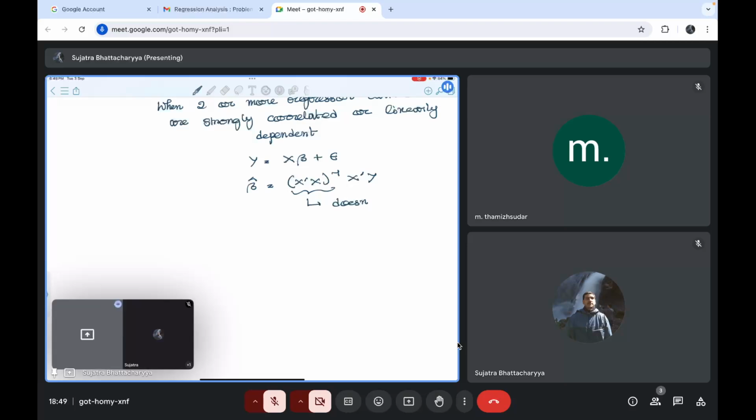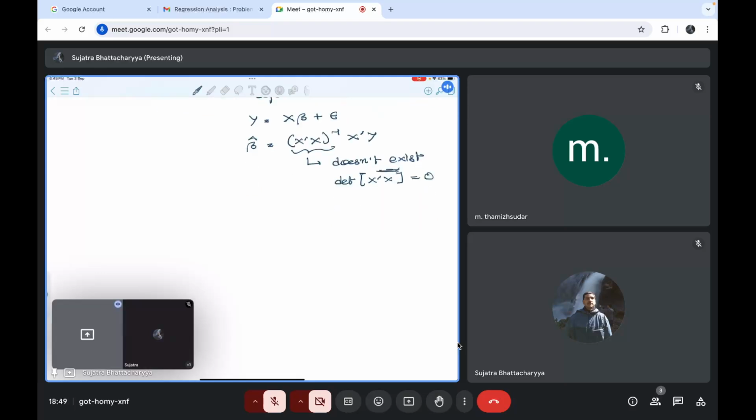If a very strong correlation or linear dependence is present, you will find that X'X inverse will not exist. The determinant of X prime X goes to 0, and when the determinant is 0, the inverse does not exist. This is the concept of multicollinearity.